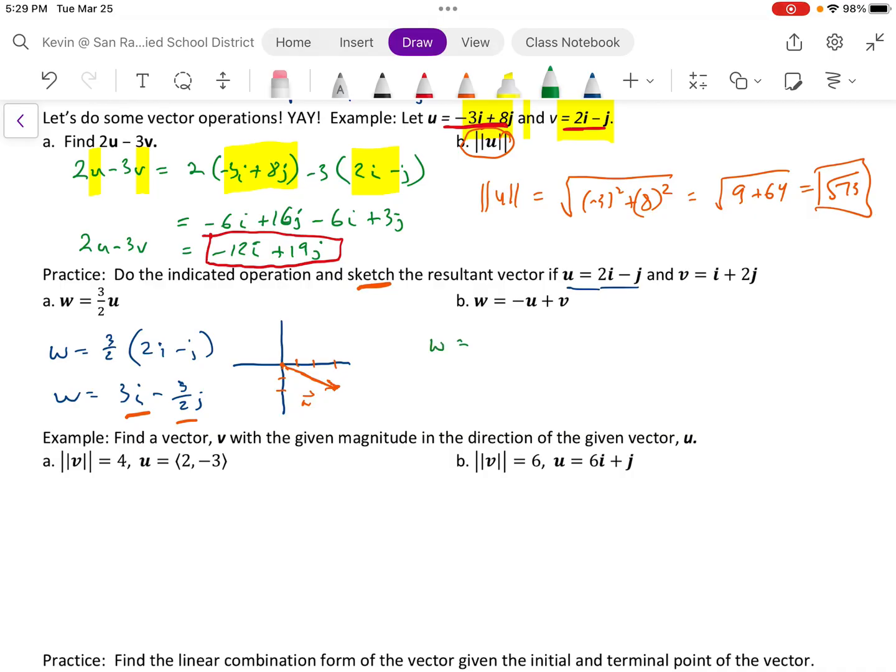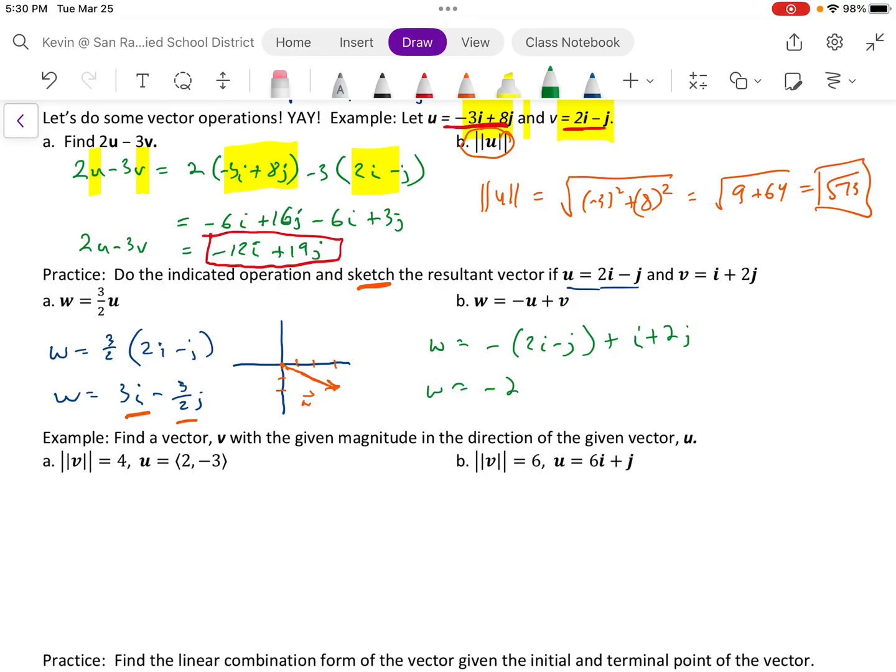So the vector we want, w, is going to be the negative of all of this, 2i minus j, and then plus just i plus 2j. Nothing special here. All we're doing is basically multiplying u by negative.